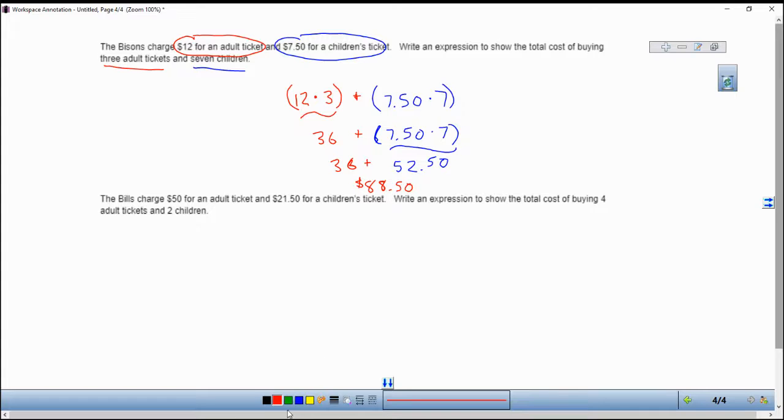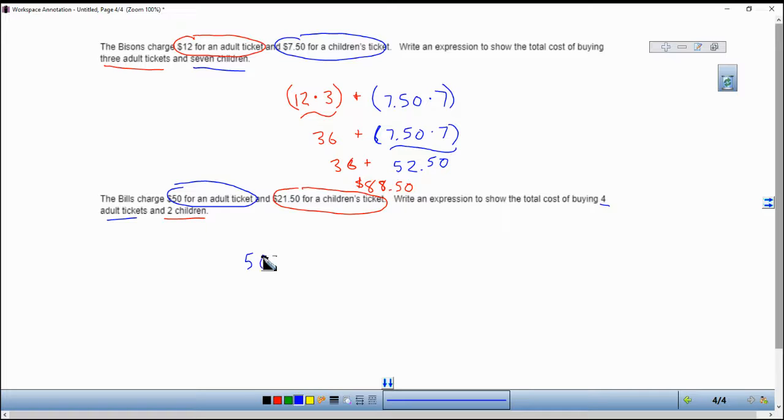The Bills charge $50 for an adult ticket and $21.50 for a children's ticket. Write an expression to show the total cost of buying 4 adult tickets and 2 children's tickets. Okay. So $50 for an adult ticket.